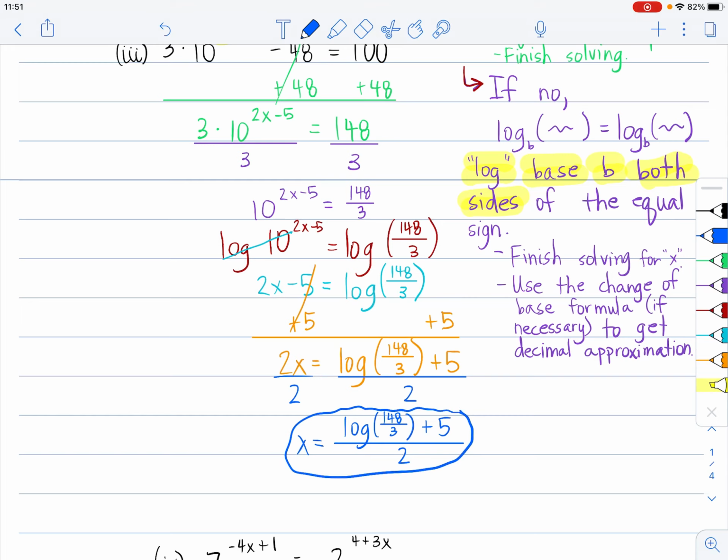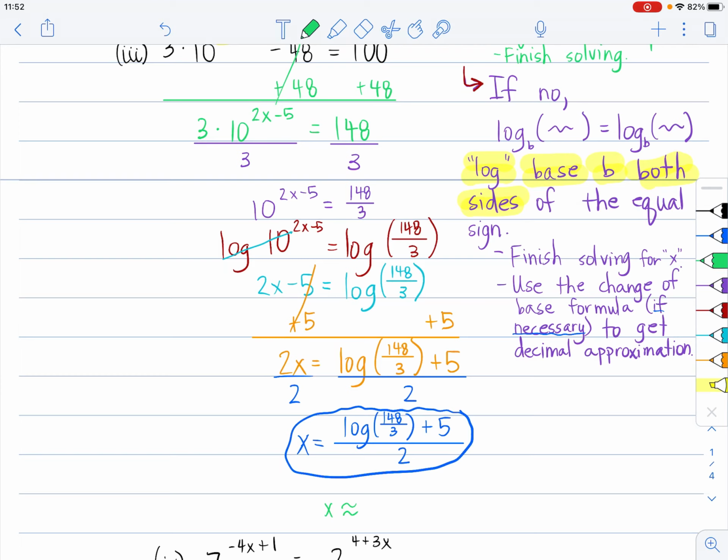But log is a button on my calculator, so I don't have to use the change of base formula this time. I only use it if necessary. I type this whole thing in my calculator and get his decimal approximation rounded to 4 decimal places. Again, you do need to know how to work your own calculator. Log of 148 divided by 3 in a parenthesis.